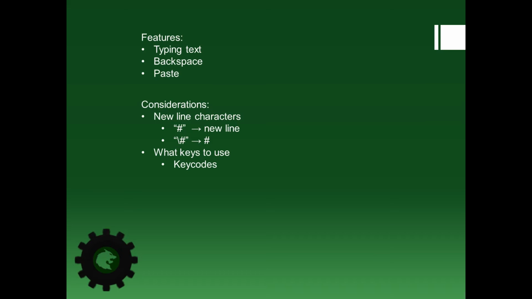And then there are a few things we need to take into consideration. The first thing is something that quite a few users may not know about: the pound sign, or some of you may know it as a hashtag sign, actually means a new line in GameMaker. So if you just let the player type that in, it will cause GameMaker to display a new line instead of putting the sign in.